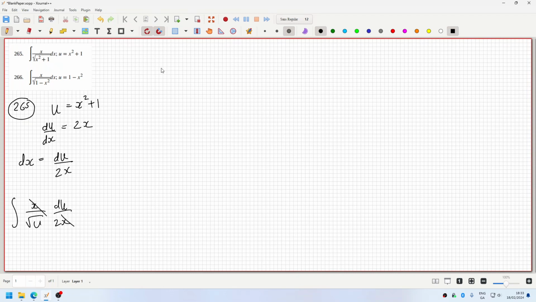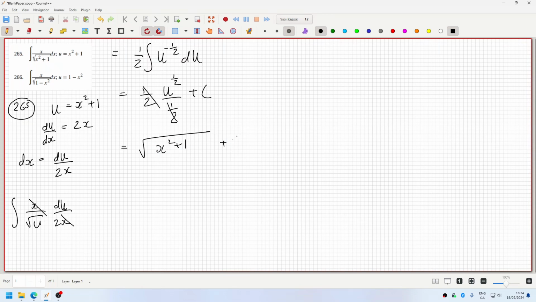The x's cancel, and that would equal a half integration u power minus a half du, which equals a half u power a half divided by a half plus c. So that's equal to root x squared plus 1 plus c.